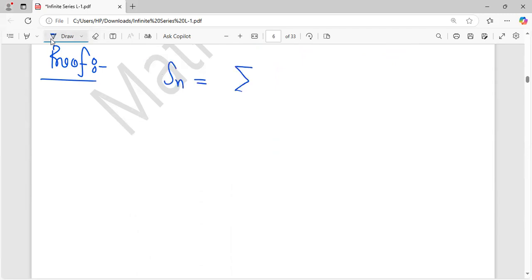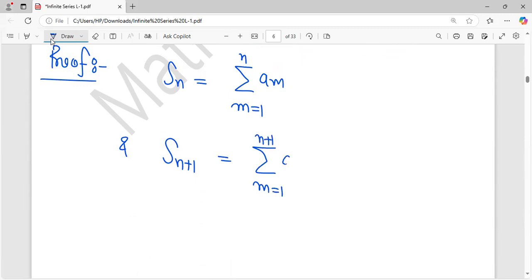Sn is summation m goes from 1 to n am. And what is Sn plus 1?